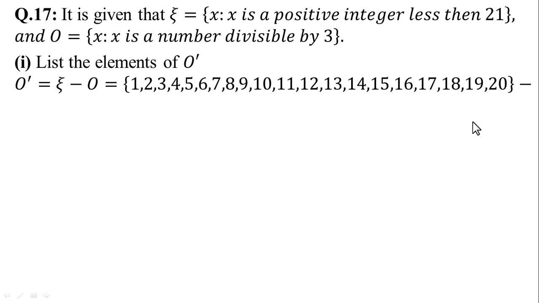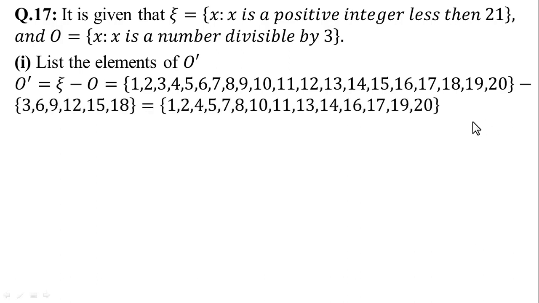Minus the elements of O, x such that x is divisible by 3: 3, 6, 9, 12, 15 and 18. Now we can find the complement of O by writing the elements of the universal set that do not belong to O.